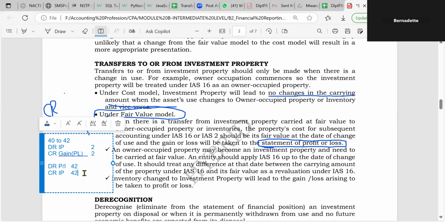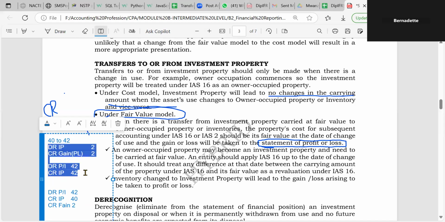After removing it at 40, we are recognizing something new, let's say PPE or inventory, but the new fair value equals 42. So the balancing figure should be on the credit side, and there should be the gain of 2.